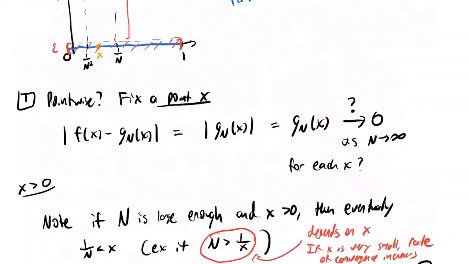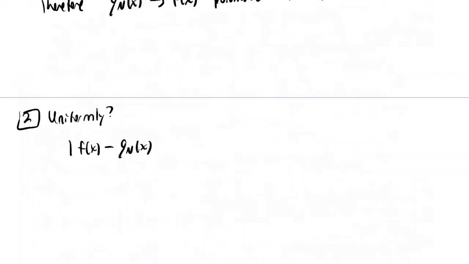And so let's do this more precisely. We showed that it indeed converged pointwise, but what about uniformly? Let's look at the difference between f of x and gn of x.